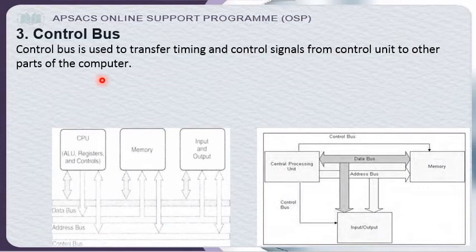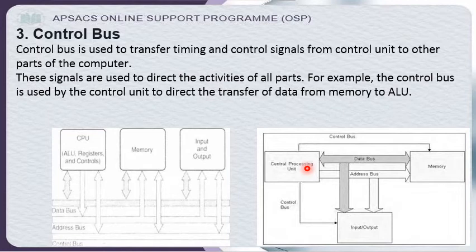If you see the diagram here, the control bus transfers control signals from the central processing unit to the other parts of a computer. Inside the central processing unit, the control unit is responsible for sending these control signals. These signals are used to direct the activities of all parts.